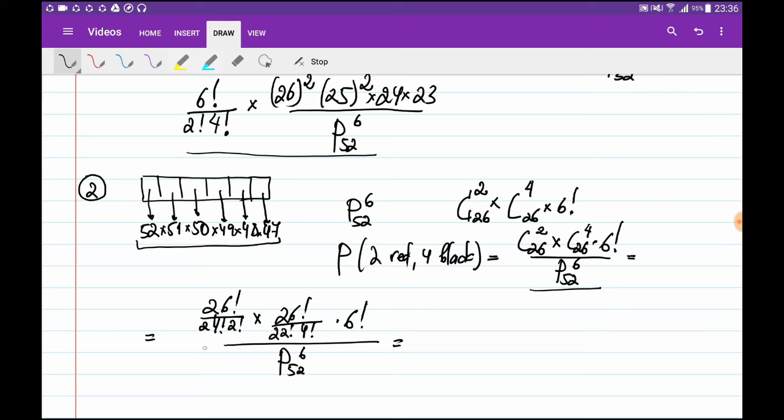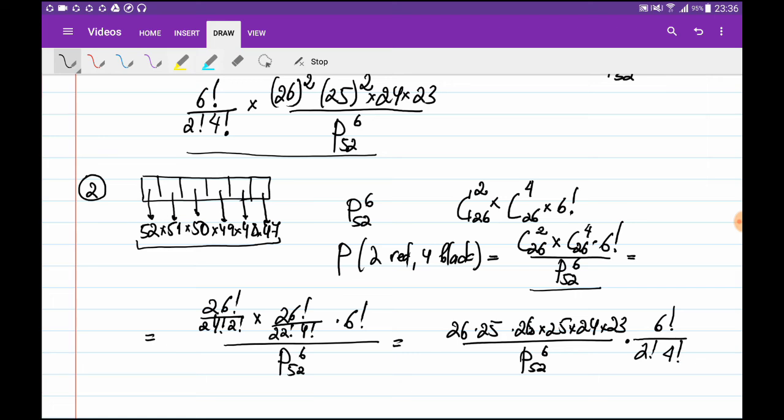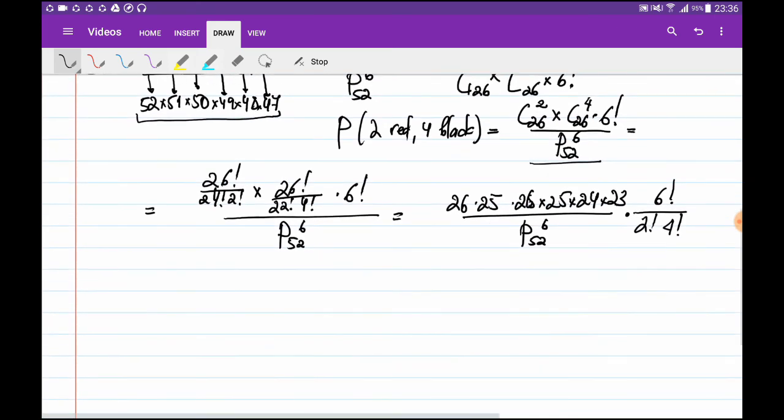We can divide 26 factorial by 24 factorial and get 26 multiplied by 25, and divide 26 factorial by 22 factorial and get 26 multiplied by 25 multiplied by 24 and 23, divided by the permutation of 52 and 6, multiplied by 6 factorial over 2 factorial and 4 factorial. At the same time, we can try to solve this problem differently.